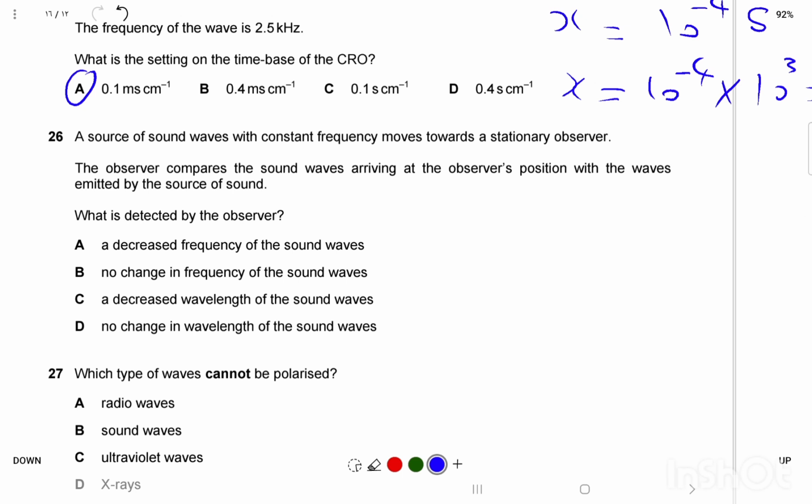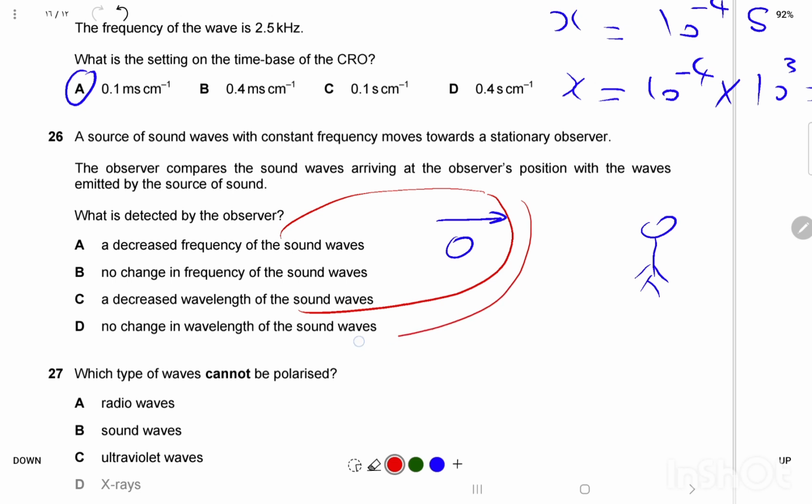So let's see which option is correct. The source of sound wave with constant frequency moves towards the observer. So if this is the observer and the source of sound is moving towards the observer, this means the observer will receive short wavelength with higher frequency, because the diagram would seem like this.